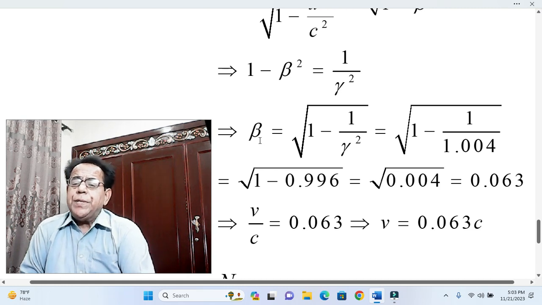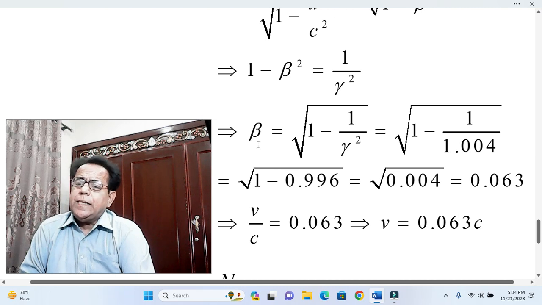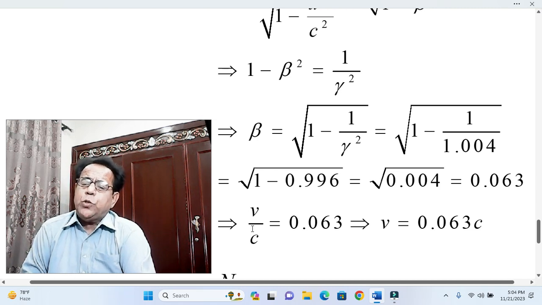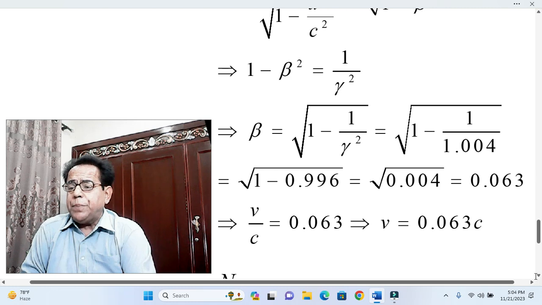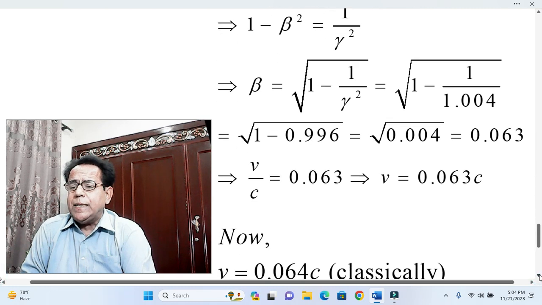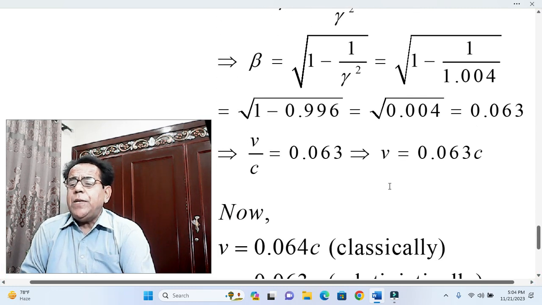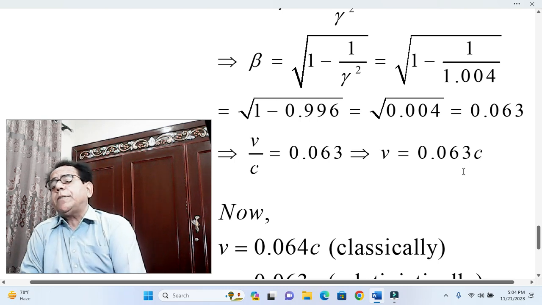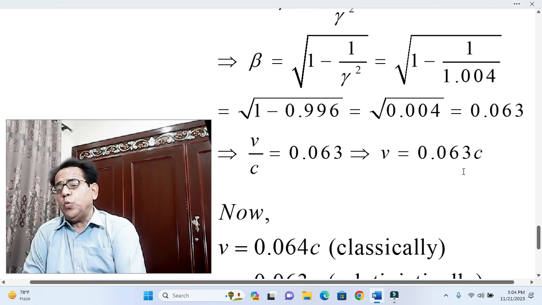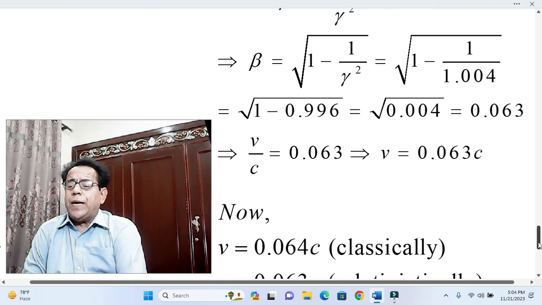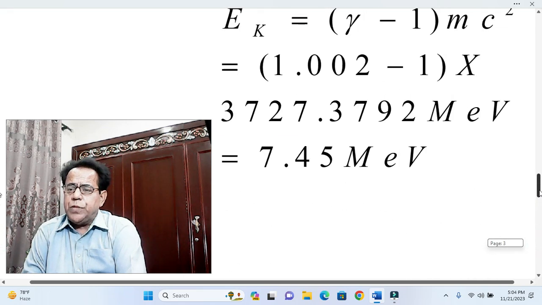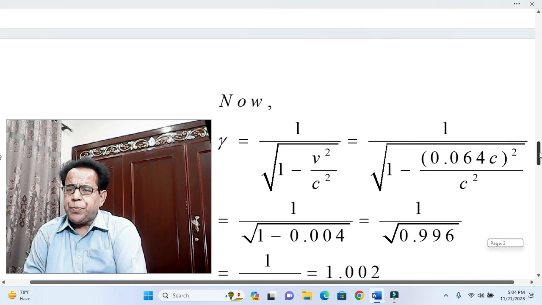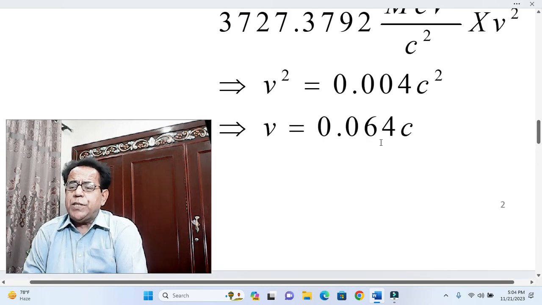We know that beta is the speed parameter, which is v over c. So we can once again replace beta back by v over c. When we replace beta by v over c, this implies that v will become equal to 0.063c. Okay, dear students, let us once again go back and see the previous value of v. The previous value of v was 0.064c.